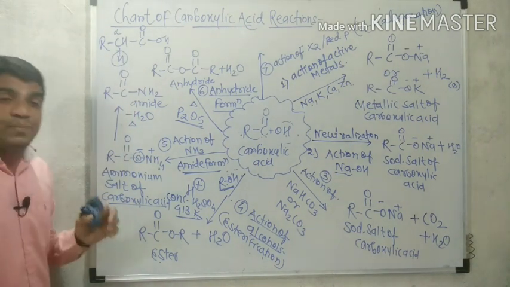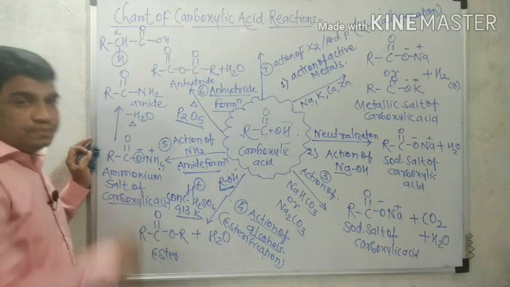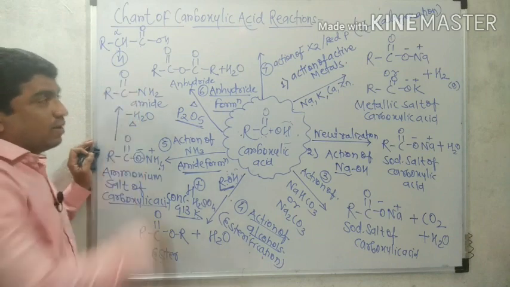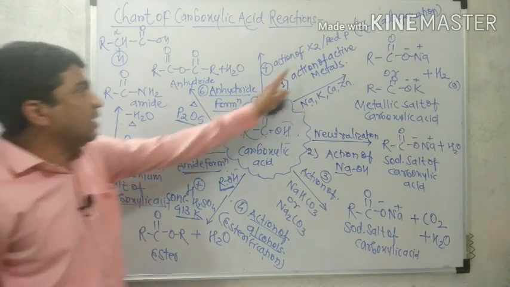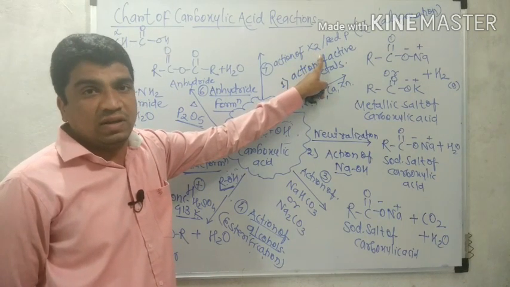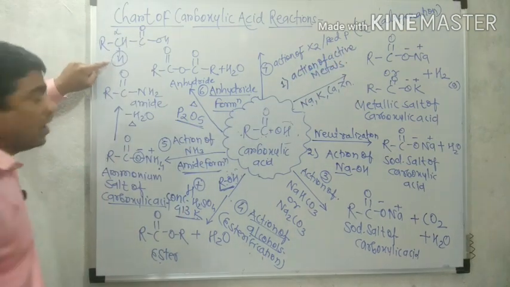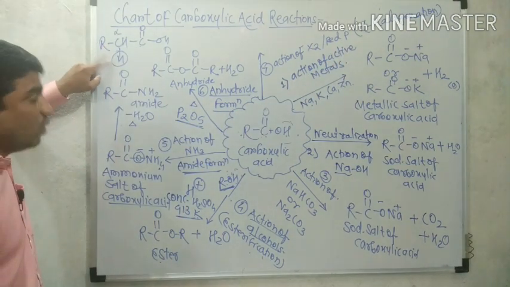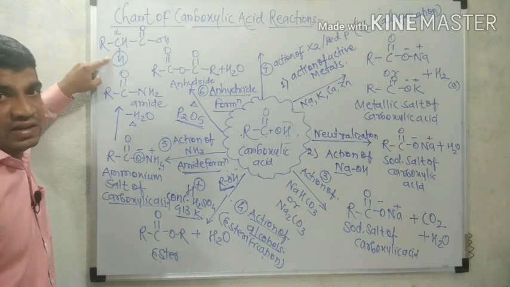The hydrogen atom present at the alpha carbon is alpha hydrogen. When this type of carboxylic acid that contains alpha hydrogen reacts with halogen X2, like chlorine or bromine, in the presence of the catalyst red phosphorus, then this alpha hydrogen atom of carboxylic acid is replaced by a halogen atom.